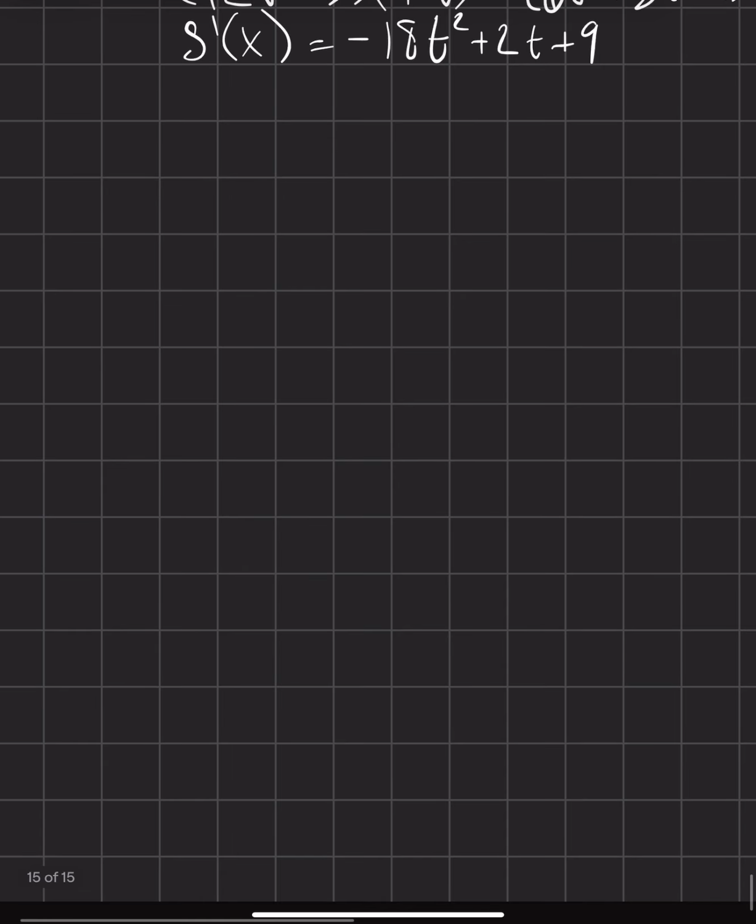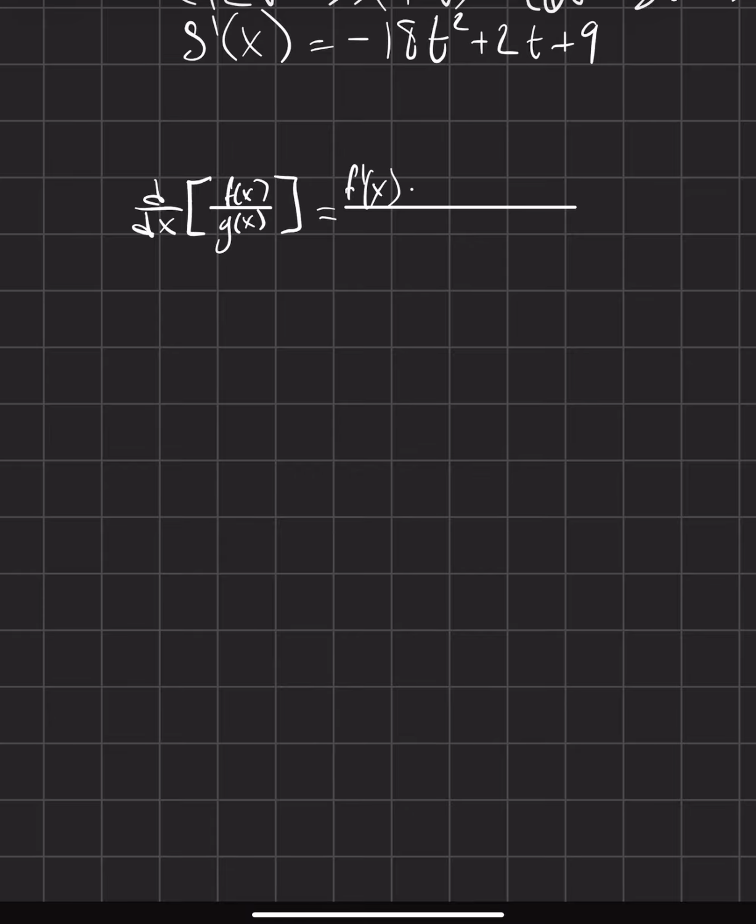But moving down here, it states that when you have a function that looks like f of x over g of x, and you want the derivative of that, the quotient rule says that you're going to get f prime of x multiplied by g of x, minus f of x multiplied by g prime of x, right? All over g of x squared.